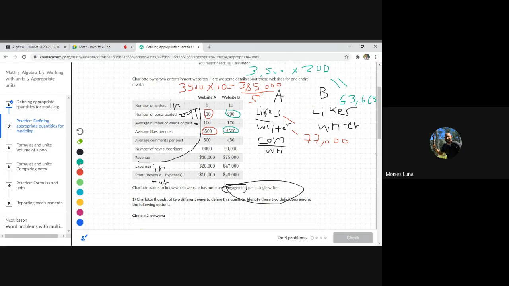Okay, very good. So now you have 63,636. And guys, it's okay if you're a little bit lost. I'm going to post this from the beginning. Let us just finish this because I need to meet with Algebra 2 in a little bit. Look, the first number is bigger than the second number: 77,000 is greater than 63,000.